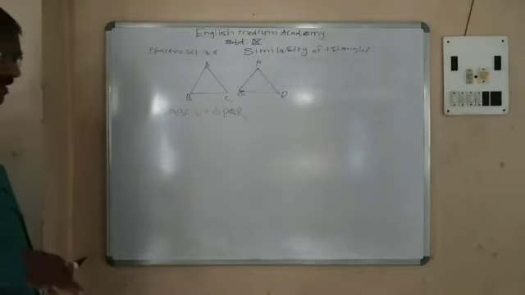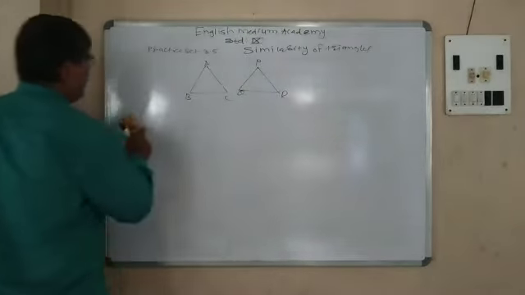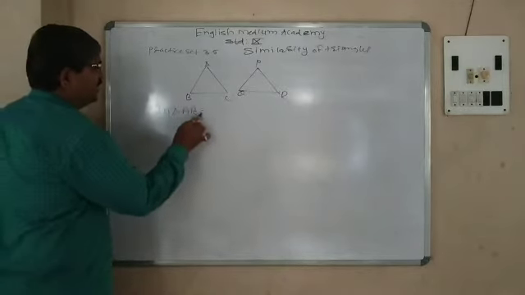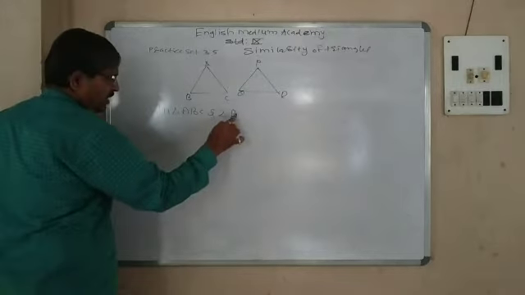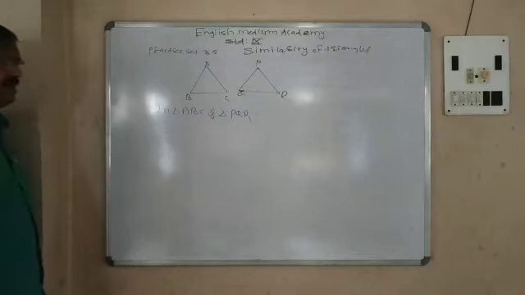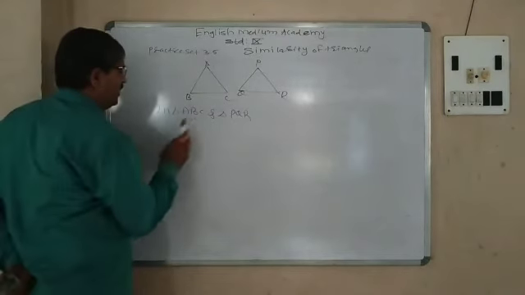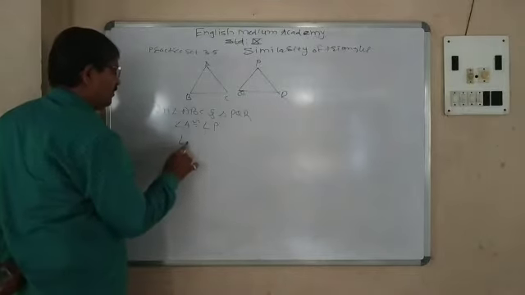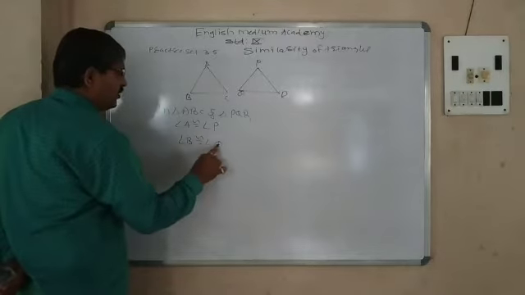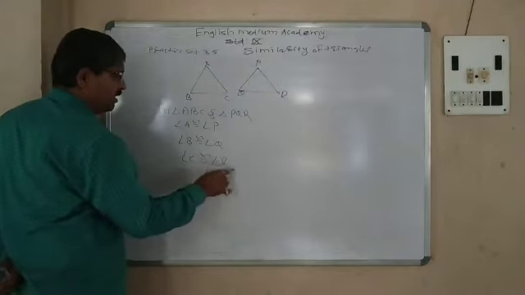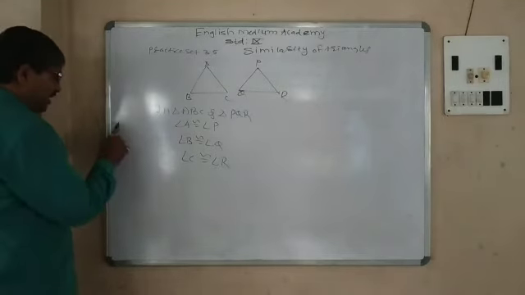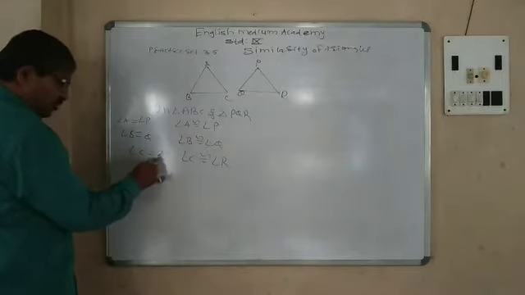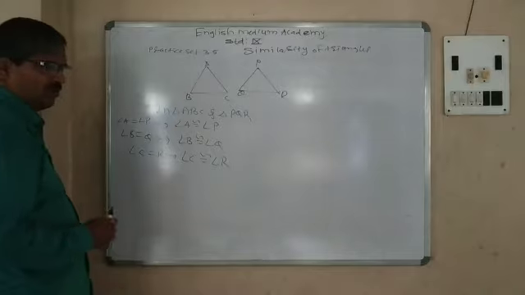Actually, we have to see when triangles are similar, and that's why I will write here first. Suppose in triangle ABC and triangle PQR, angle A is congruent to angle P, angle B is congruent to angle Q, angle C is congruent to angle R. In your book it is written that A is equal to P, B is equal to Q, and C is equal to R. If they are equal, they are congruent.